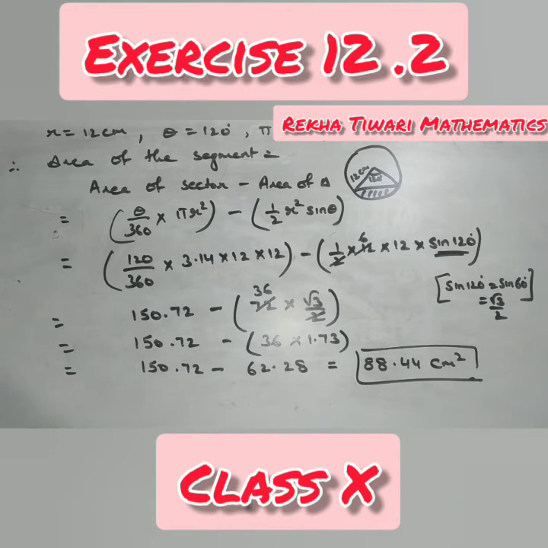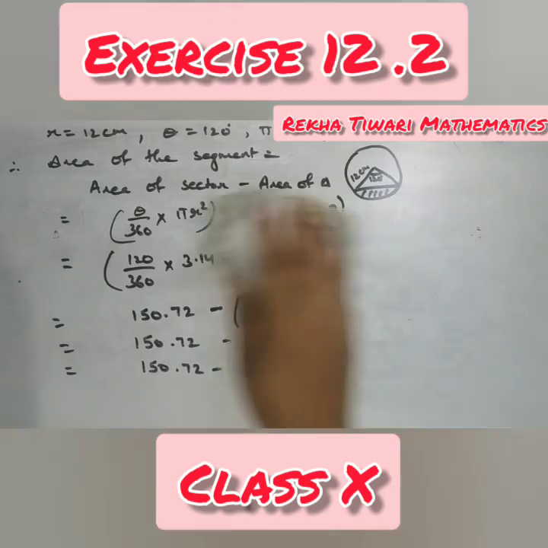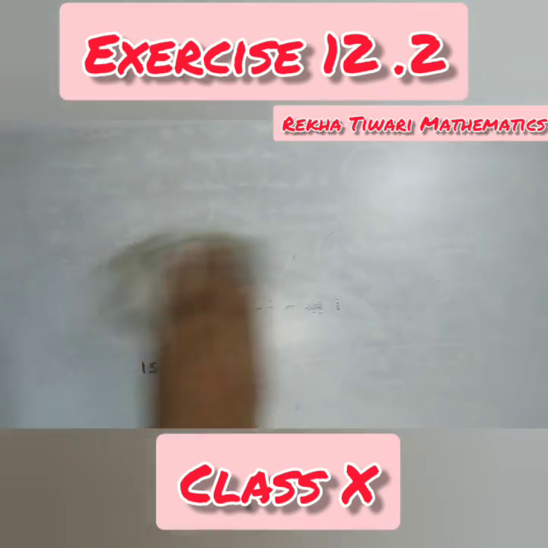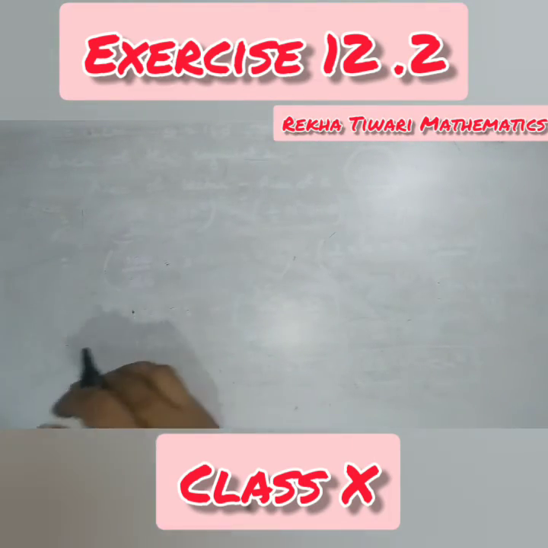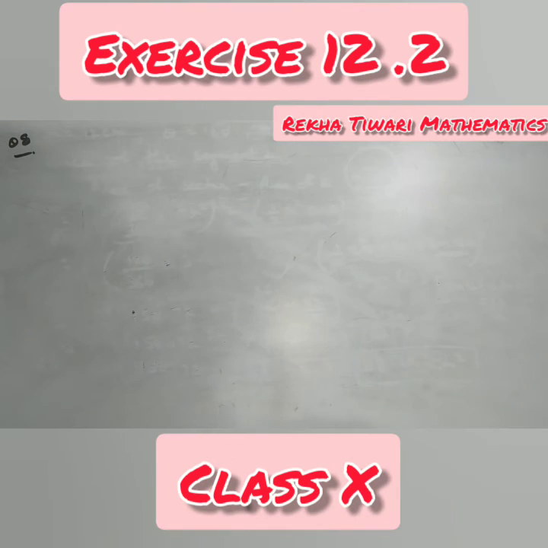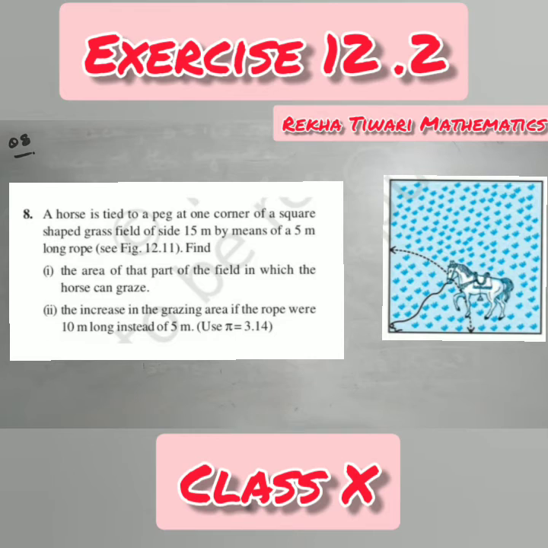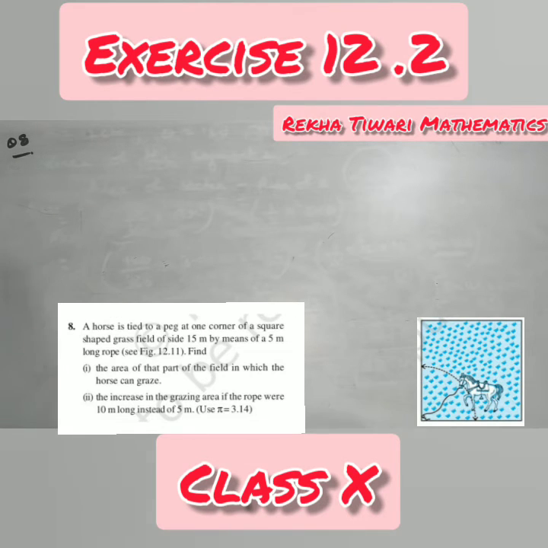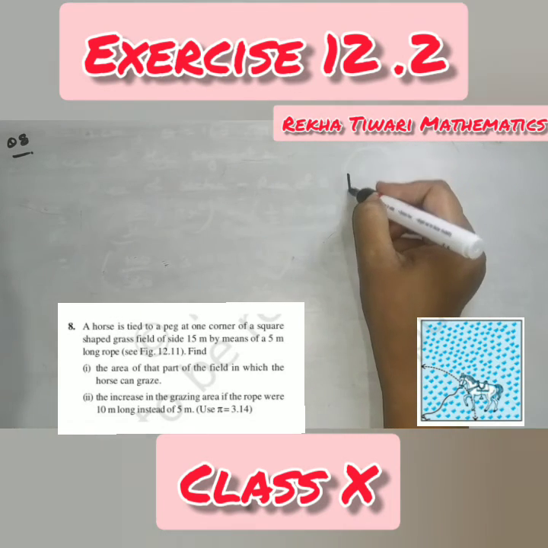Okay. Move to 8th question. Question number 8. A horse is tied to a peg at one corner of a square-shaped grass field of side 15 meter by means of a 5 meter long rope. Figure is there.